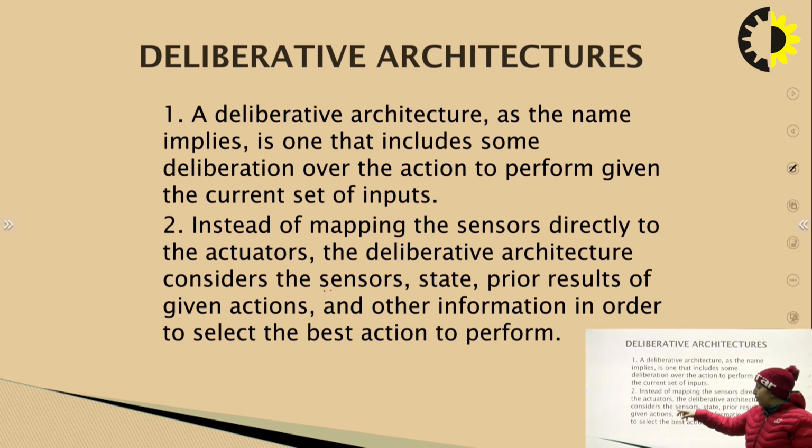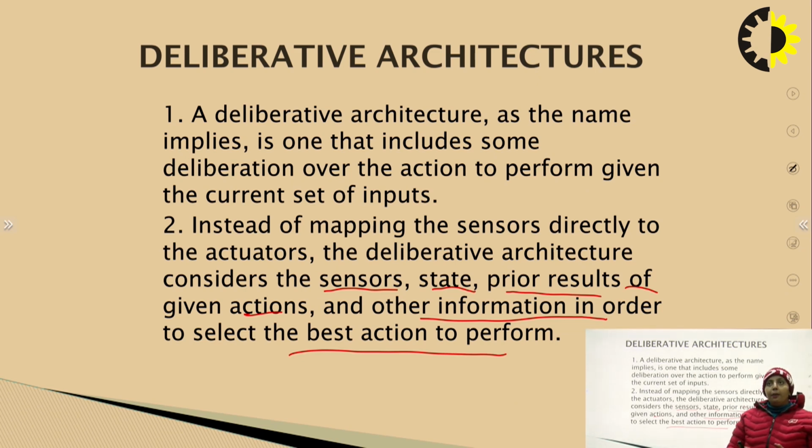It has many sensors and states, and there can be prior results of a given action, meaning there can be intermediate results before taking any action, right? And other information in order to select the best action to perform. There can be many states, and every state has an output. That output can be used as an input for the next state, or it may not be the better result, so it can choose another output.